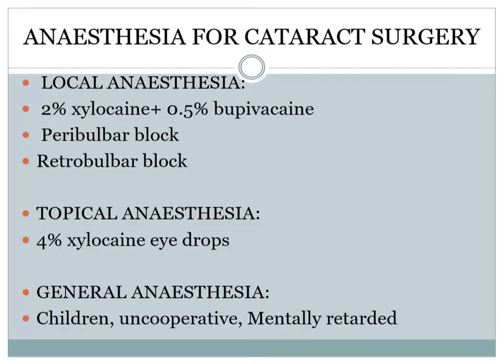Okay, so that was about preoperative investigations. In preoperative investigations, you have to remember what investigations you are going to do. One is random blood sugar. Second, HIV and HBsAg, and then most important are the ocular investigations. Among the ocular investigations, first, measure IOP using an applanation tonometer or Schiotz tonometer.